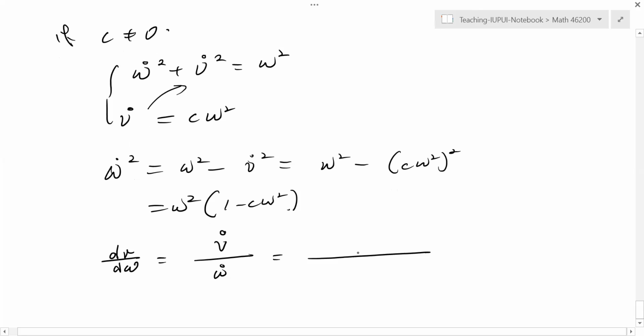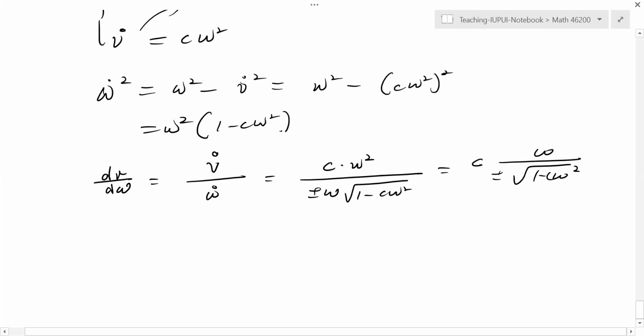Here V dot is C W squared, and W dot is plus or minus W times the square root of 1 minus C W squared. So I cancel it, and I have V as a function of W, getting rid of the parameter s. So there is a relationship between V and W.